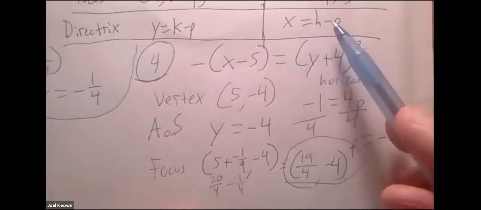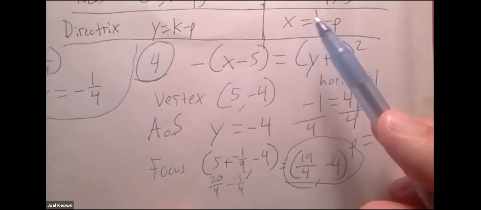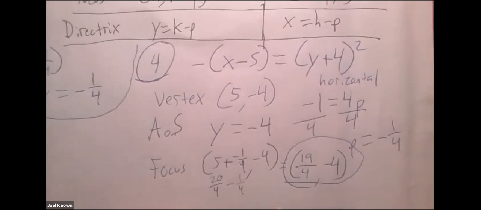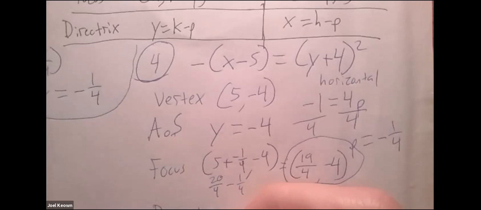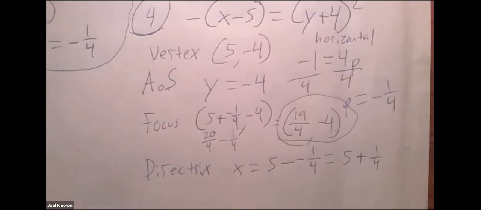And then my directrix is x equals h minus p. Directrix is x equals my h value, which is 5, minus my p, which is negative 1 over 4. Minus negative makes it plus, so 5 plus 1/4. Just like with the focus, I need to change 5 to a fraction.